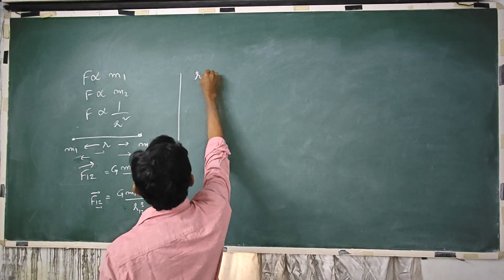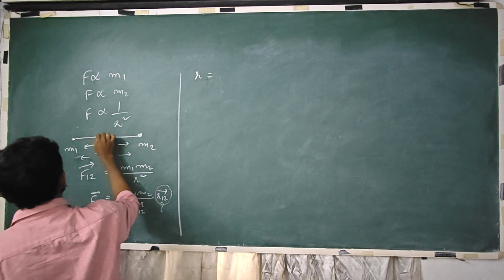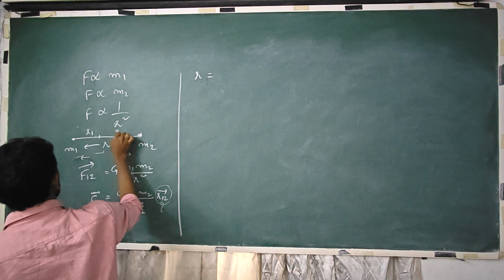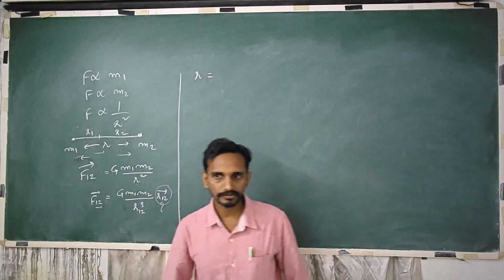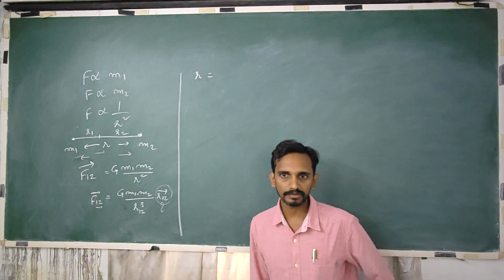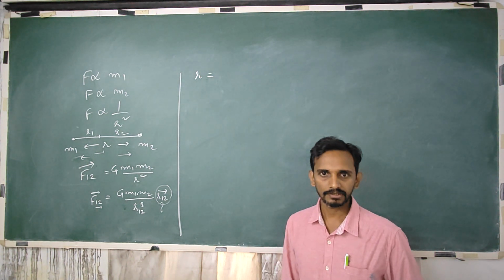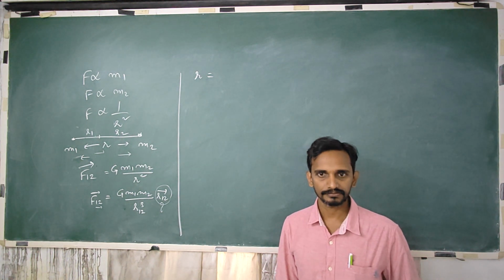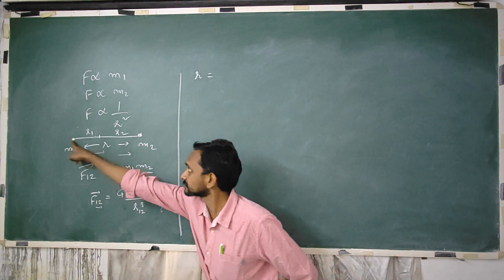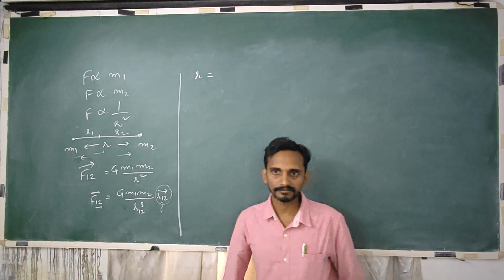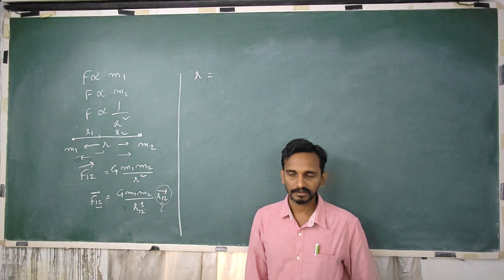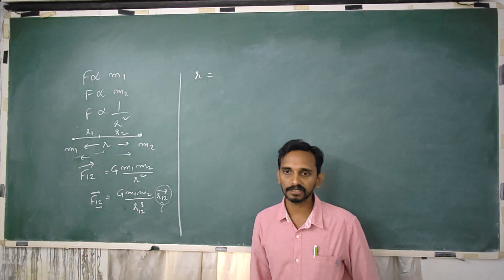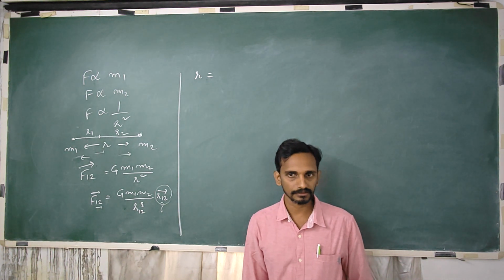So here the total radius, let's say this is r1 and r2. Center of mass of the binary system. Okay, if you consider both of them as a single object, you have to identify the center.